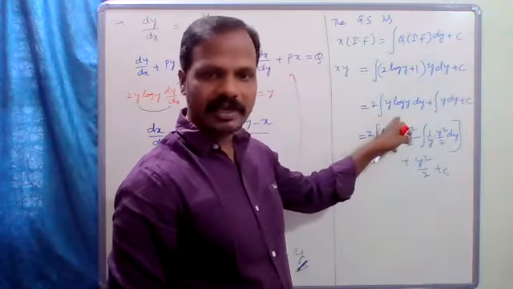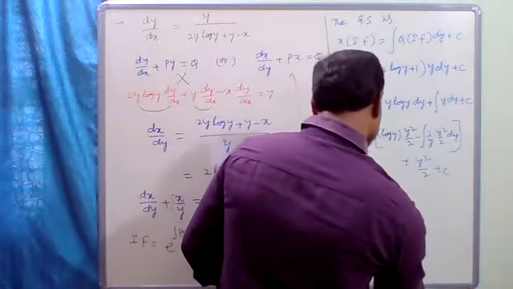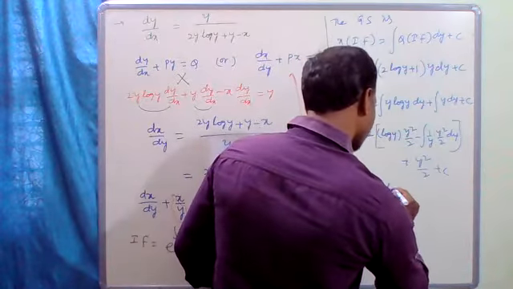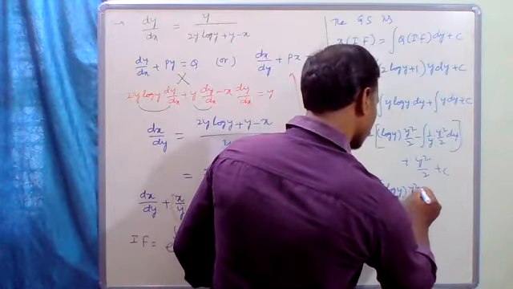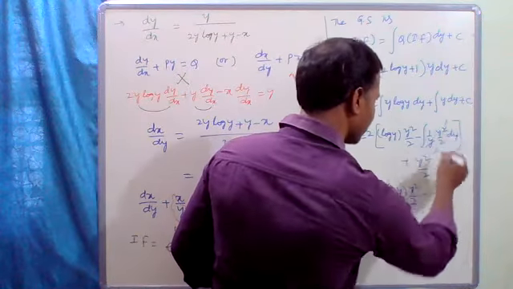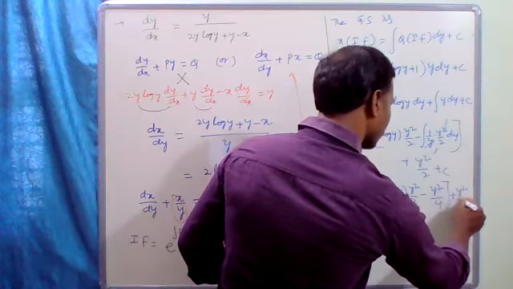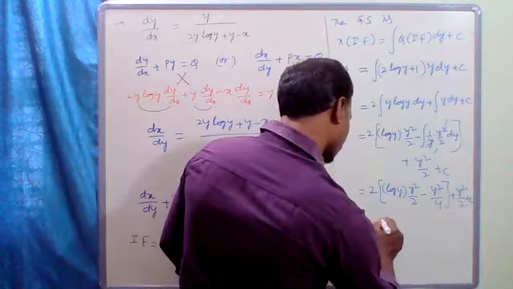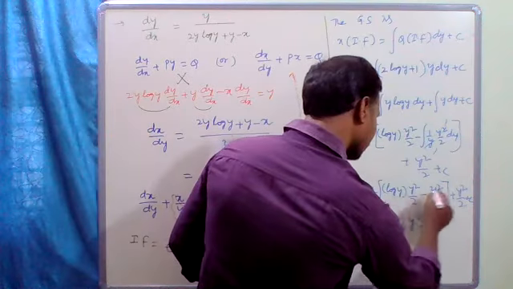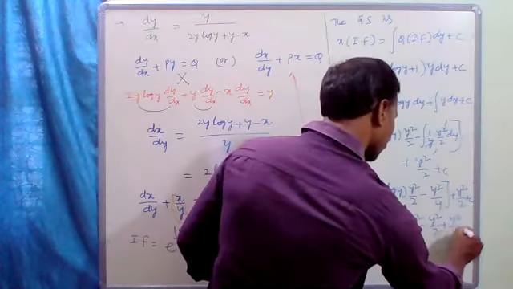Here I am applying integration by parts, integral of uv. Now this is equal to 2 into log y into y square by 2, minus, here 1 y will be cancelled, so y square by 4, plus y square by 2, plus c. Which is equal to y square log y minus y square by 2 plus y square by 2 plus c.